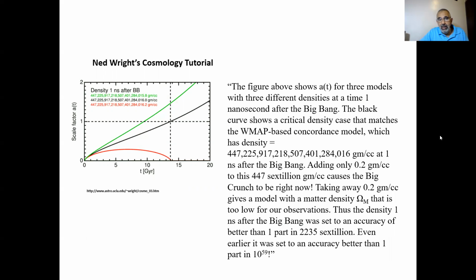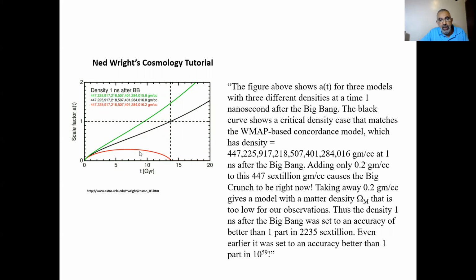And basically, if you look here at the time since the Big Bang and the so-called scale factor of universal expansion, we see that this green curve is the universe expanding too fast for life to form. The black curve is the current expansion, which is just right.